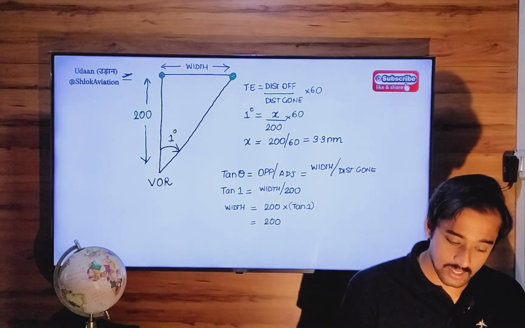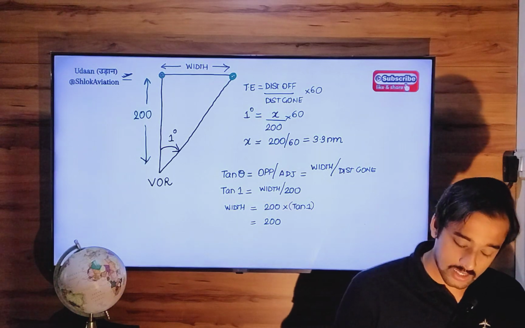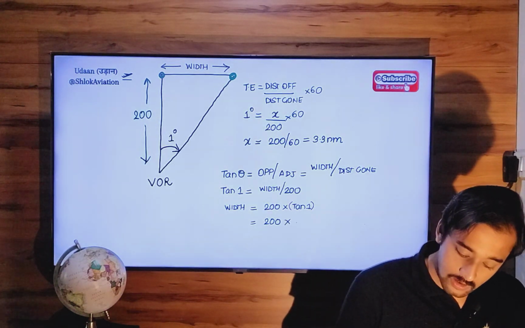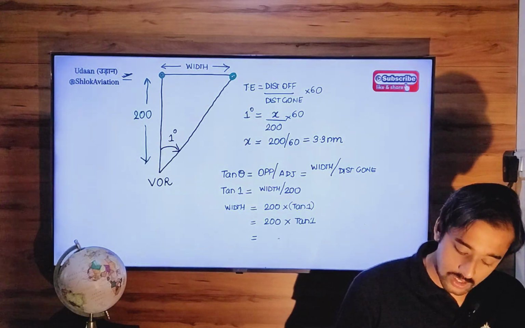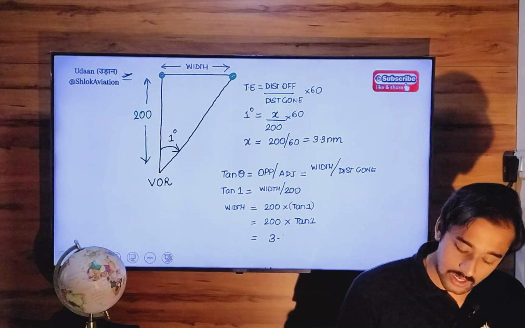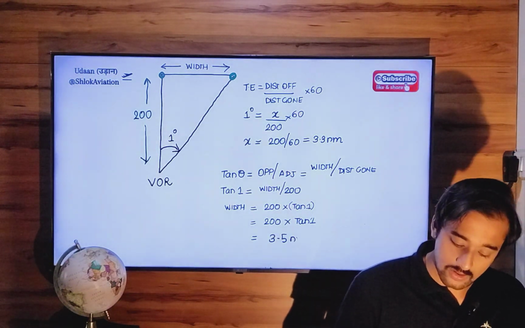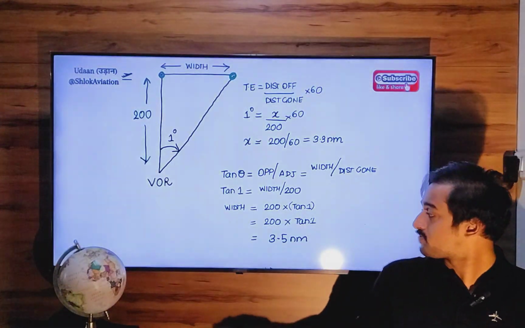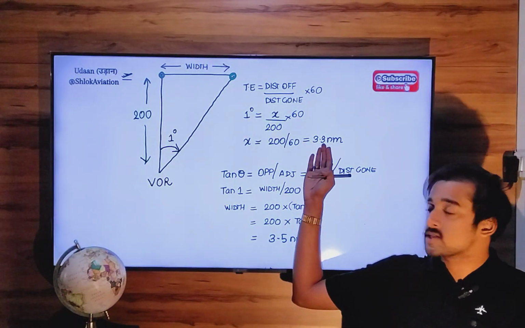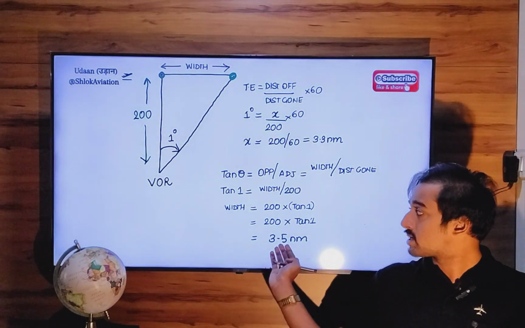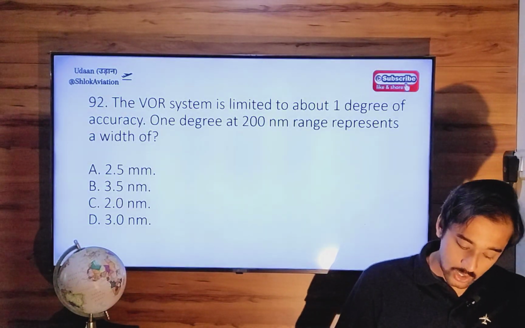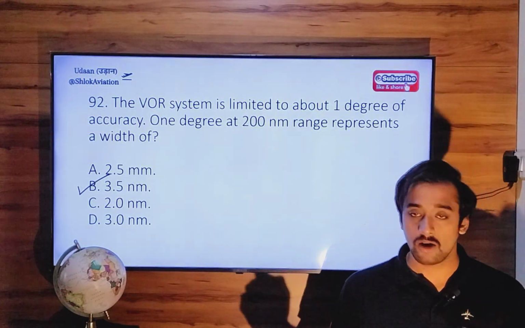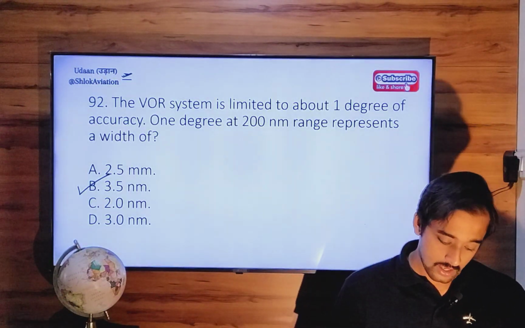Multiply that by 200, you get a value of 3.5 nautical miles. Okay, so with 1 in 60 you get 3.3. With the tan theta formula you get 3.5. So the correct option is Bravo, 3.5 nautical miles.